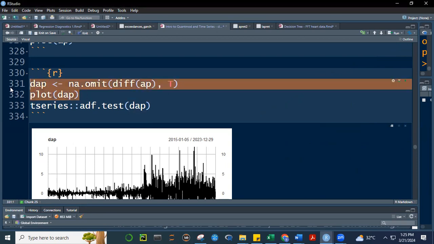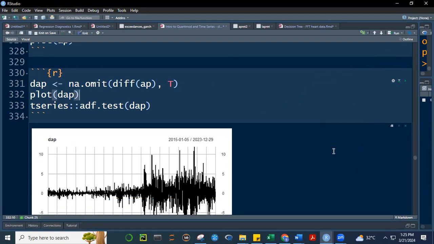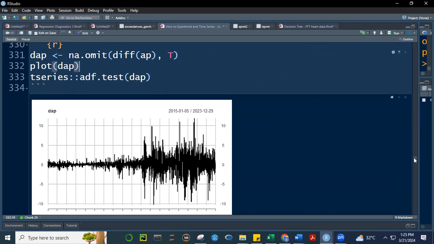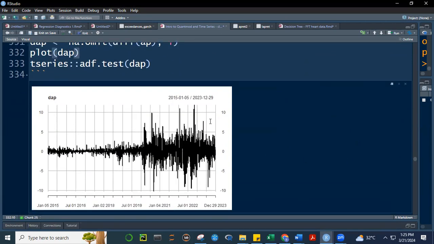So if I run this and plot it, we get this. So definitely there's no more trend, but we're not sure if this is constant in variance because of the volatility clustering in the later dates. But we can check it statistically based on the augmented Dickey-Fuller test.